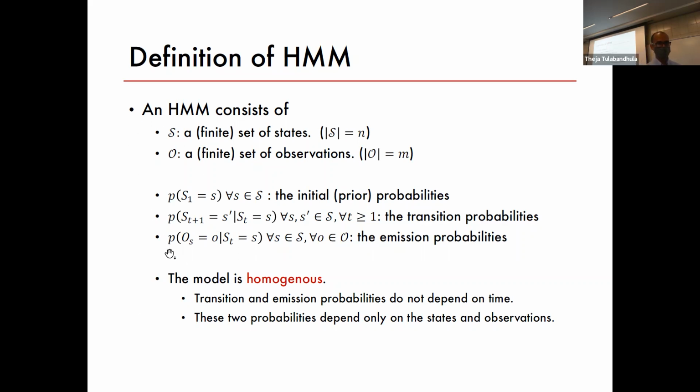One thing to observe here is that the probability of S_{t+1} taking value s' given S_t takes value s doesn't depend on t. So the probability of S_2 being s' given S_1 being s is the same as the probability of S_10 being s' given S_9 being s. It doesn't depend on time, and that's why it's called a homogeneous hidden Markov model.